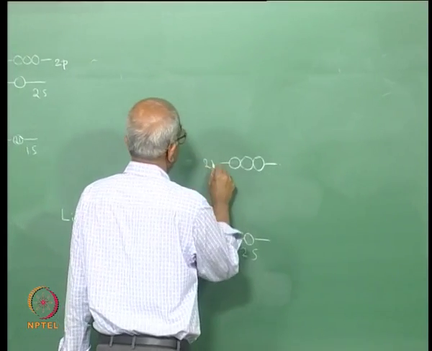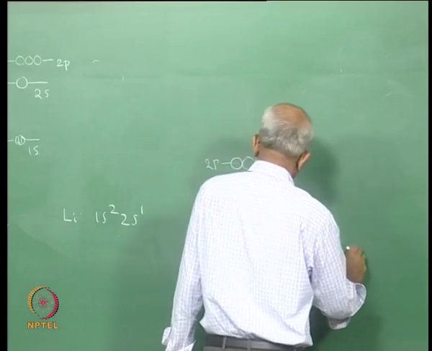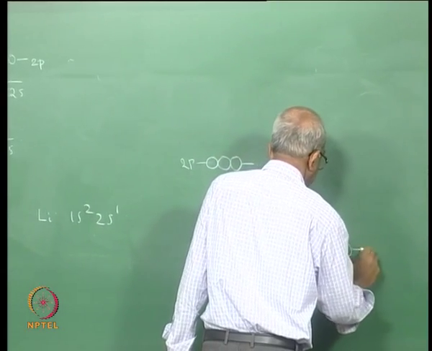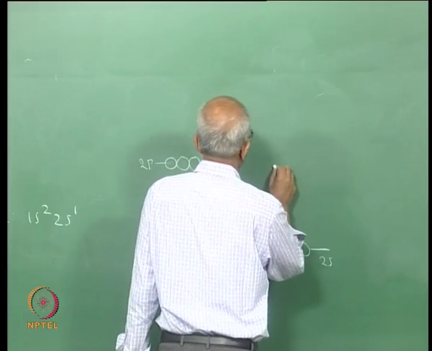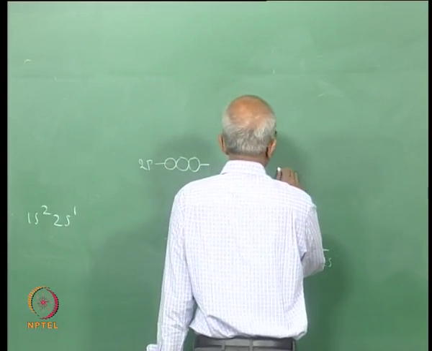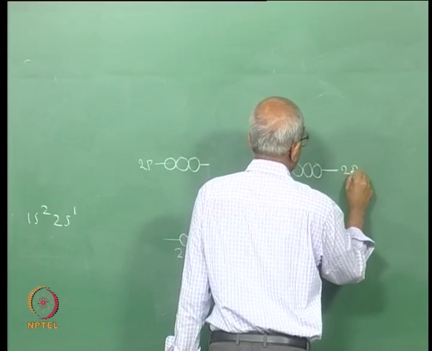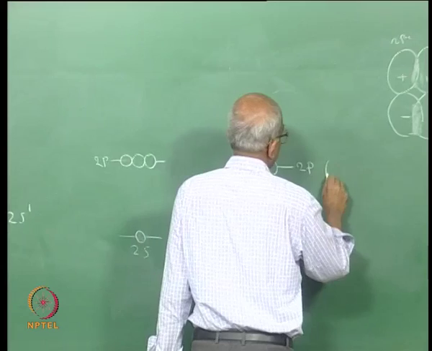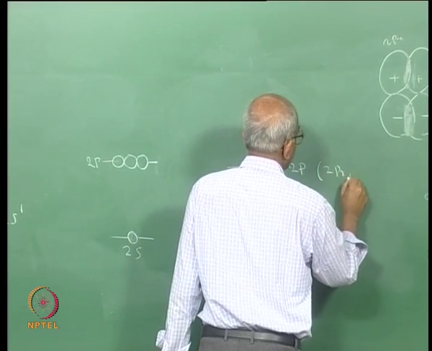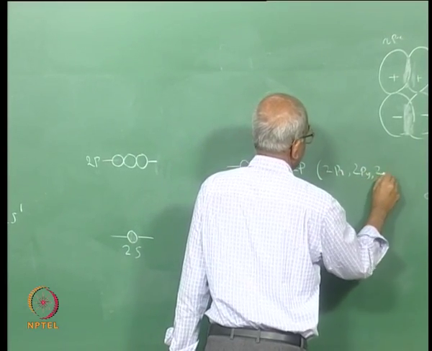So, this is 2p and you have 2s. When I say 2p, actually you have 3 of them. So, you would have 2px, 2py and 2pz.